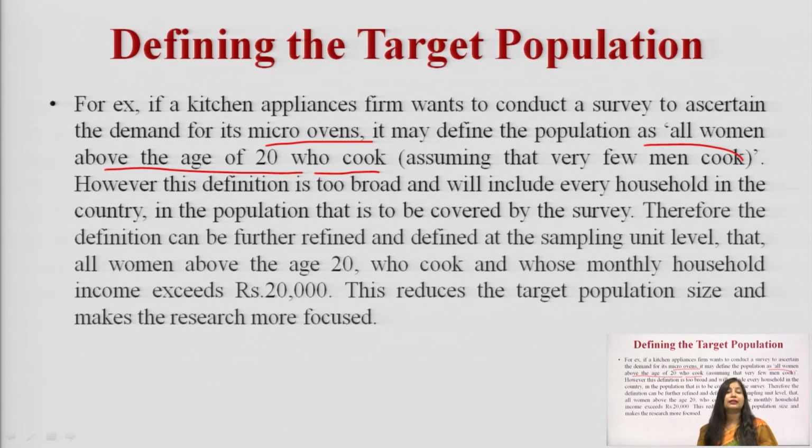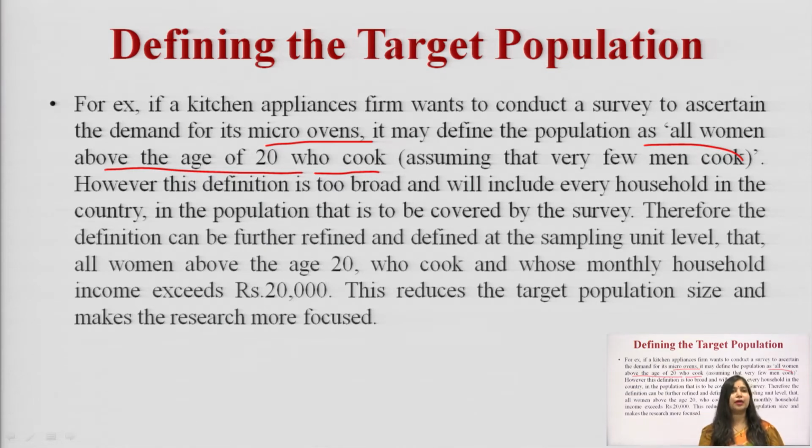This definition is too broad and will include every household in a country, because in almost every single family there is a woman who cooks and who may be above the age of 20.